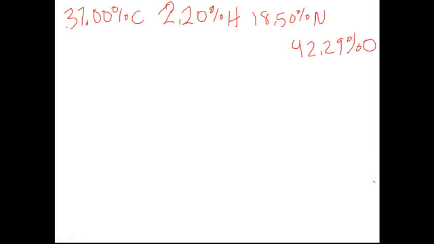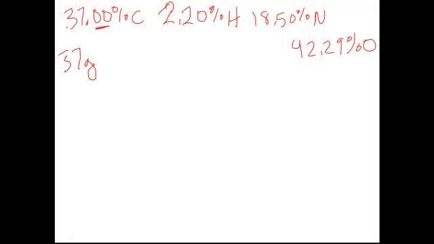All right, let me show you one more example. Let's take a look here. In this one, we've got 37% carbon, 2.20% hydrogen, 18.5% nitrogen, and 42.29% oxygen. So this one hopefully will provide us a little bit more of a challenge. First thing, let's get rid of percents and make them grams, and I'm just going to take those zeros off too.